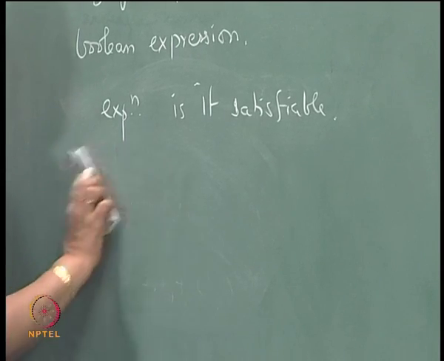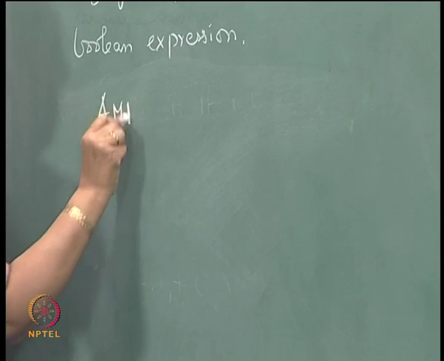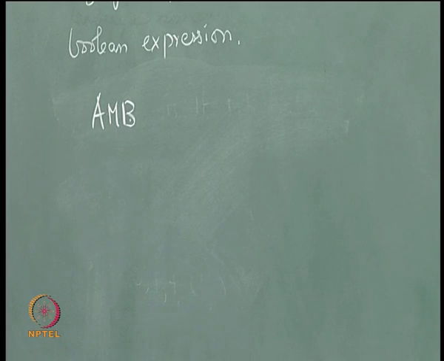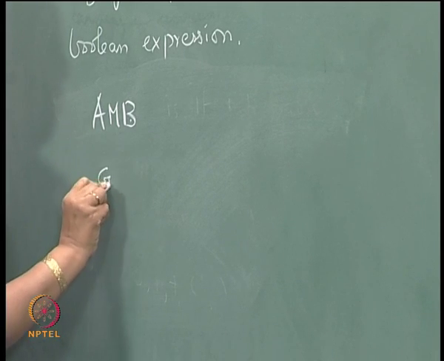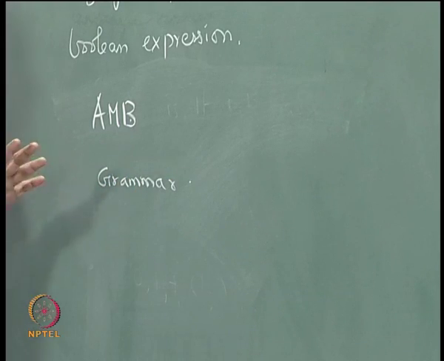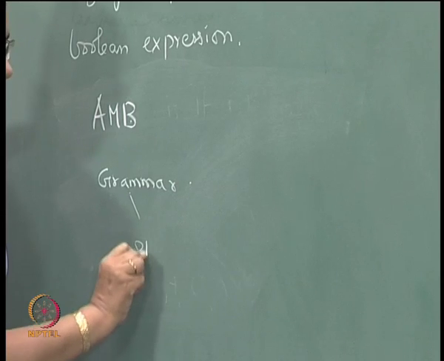Now, the ambiguity problem again we considered, that is grammar is the input and is it ambiguous or not. Now, the instance of the problem is one grammar, and this one grammar you can represent as a string, okay, using some encoding for Turing machine. Like that grammar can be represented as a string.